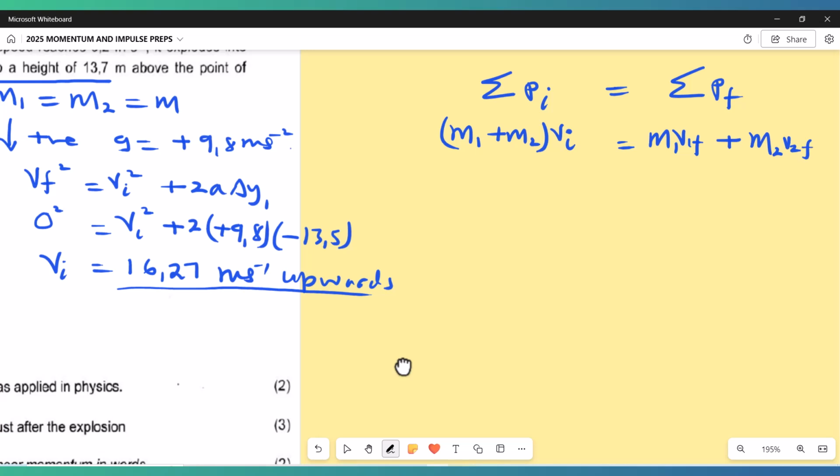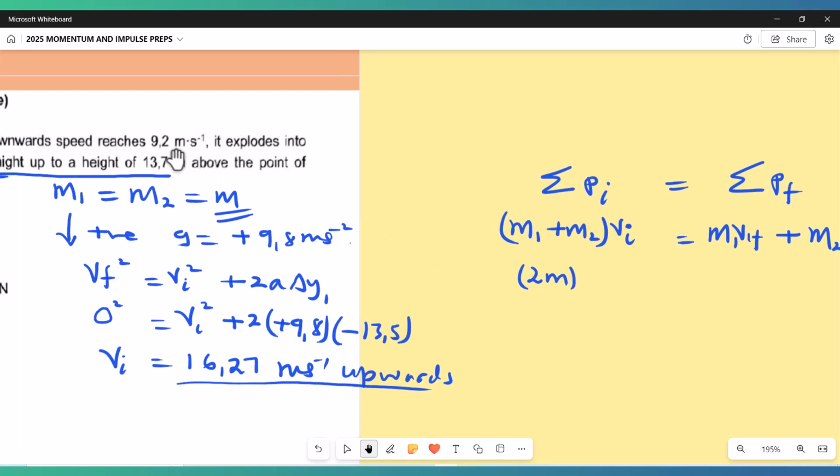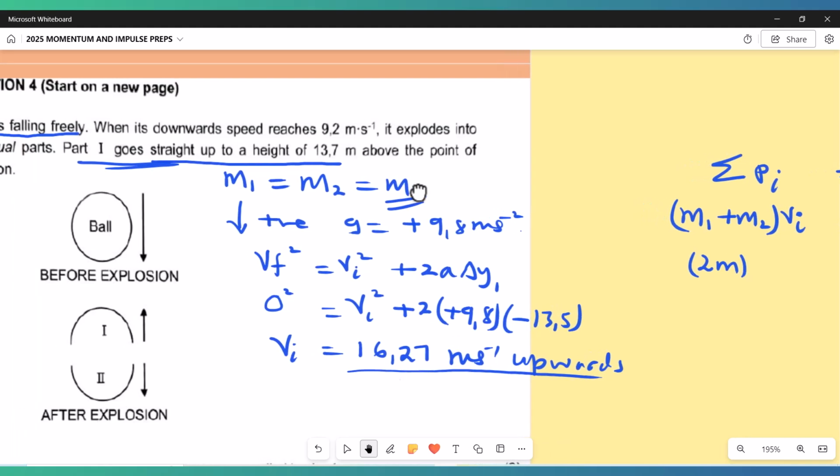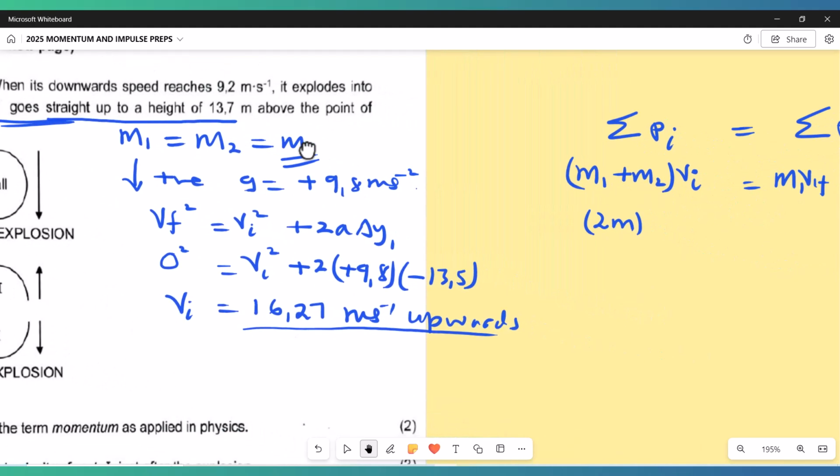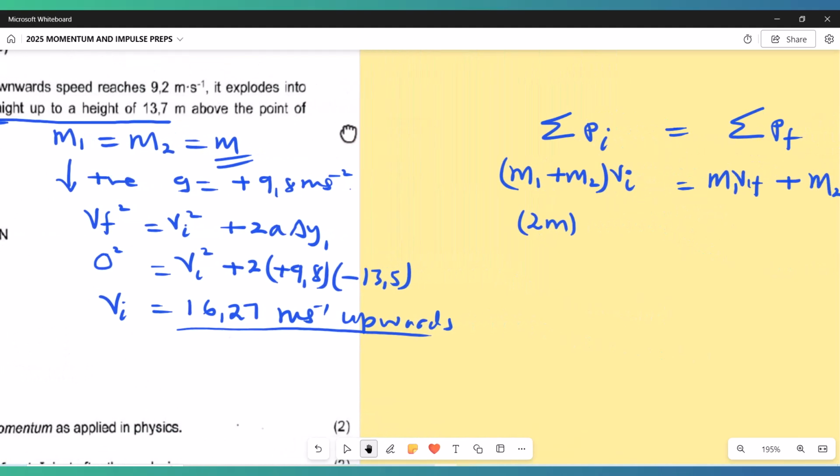We said m1 equals m2, which is m here. So m plus m is 2m. Our v initial, they gave us, is 9.2 meters per second, going down.